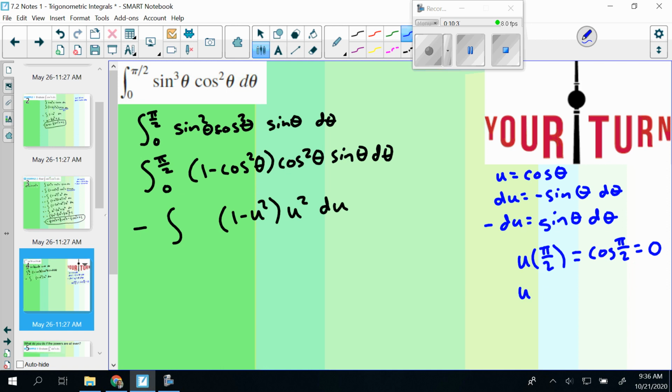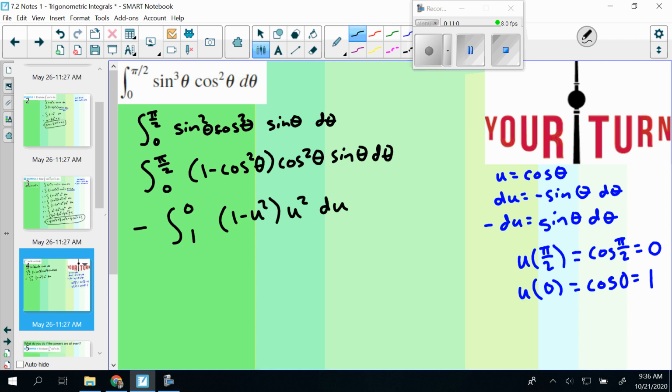And then u at 0 means we're doing cosine 0, not cosine theta, cosine 0. And cosine 0 is 1. That's right, on our x-axis on the unit circle, so that'd be 1. So these are going to change over here to 0 and 1.